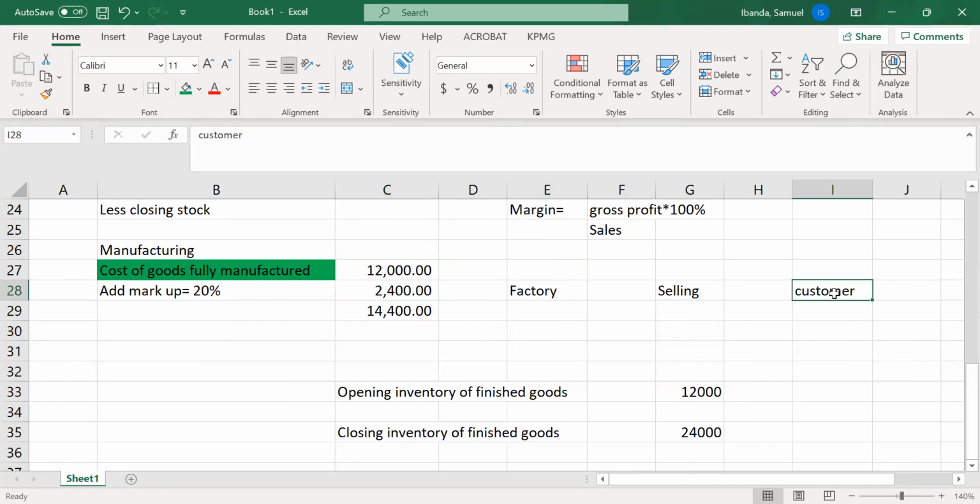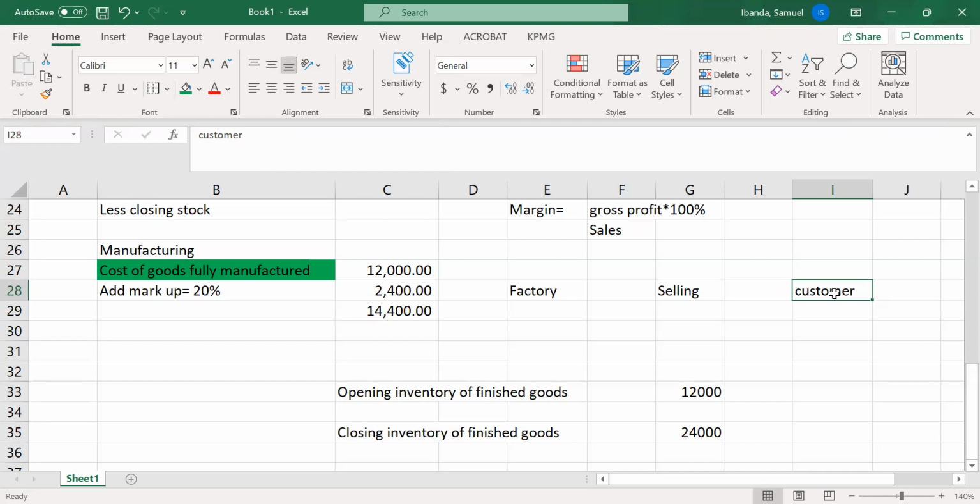So what we are supposed to do is compare the two provisions. We create a provision account, and we know very well that provisions have a normal credit balance. The provision is there to cater for the unrealized profit on your inventory. So we look at the closing stock as well as the opening stock.